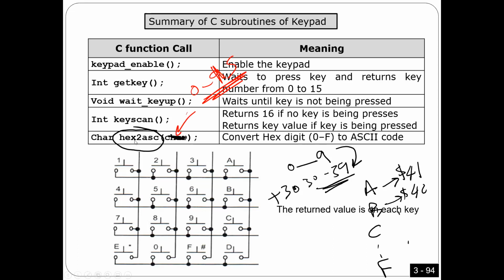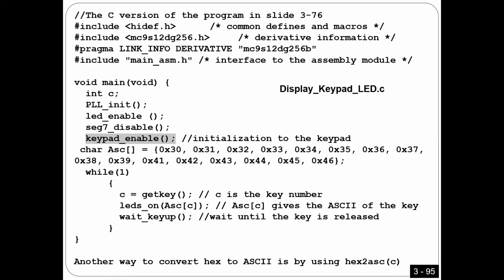After you get a number from the user, you can just put the number in this function, and this function is going to convert it and return the ASCII of this number. You can do that, right? Or there is another way I'm going to explain right now, guys.